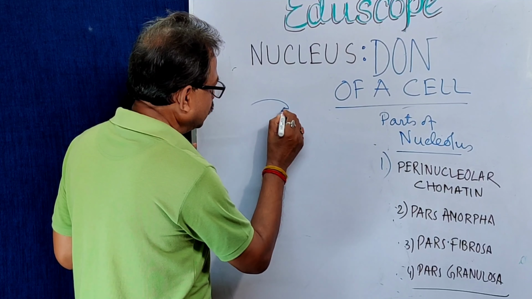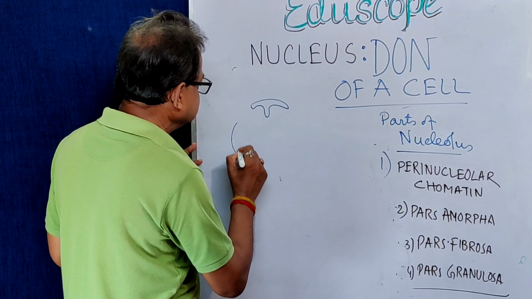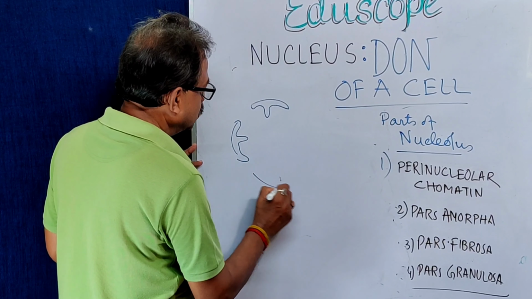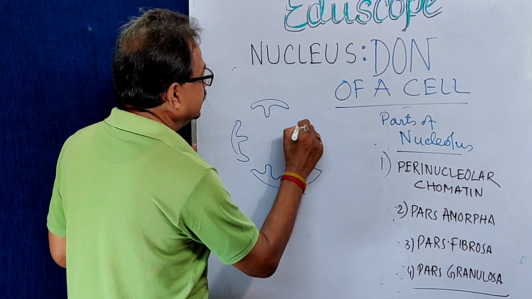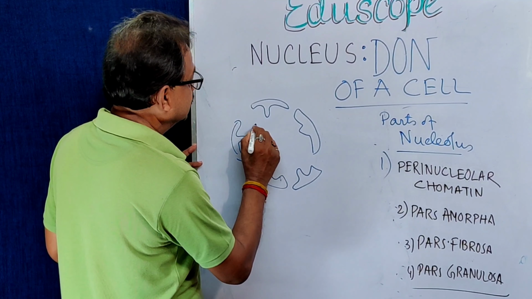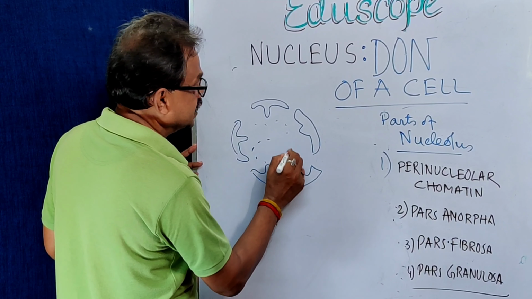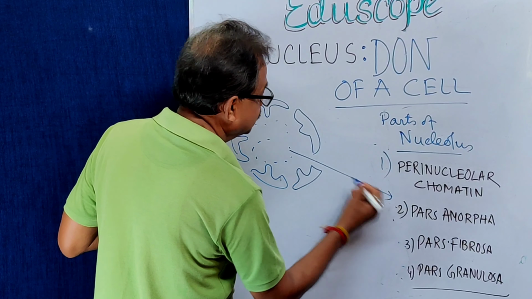The perinucleolar chromatin has a structure like this. Inside, some liquid part is present, called pars amorpha.